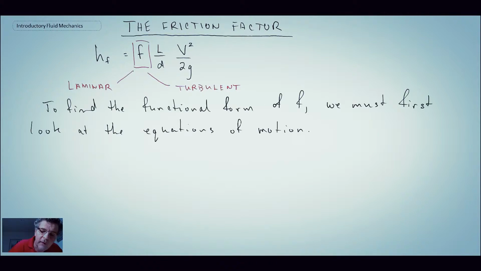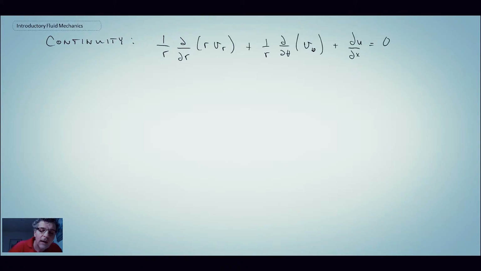So we're going to start with the governing equations. The equation we'll begin with is continuity, and we'll express continuity in polar or cylindrical coordinates, which is adapted to a pipe system. Now, in fully developed pipe flow, we know there will be no swirl.